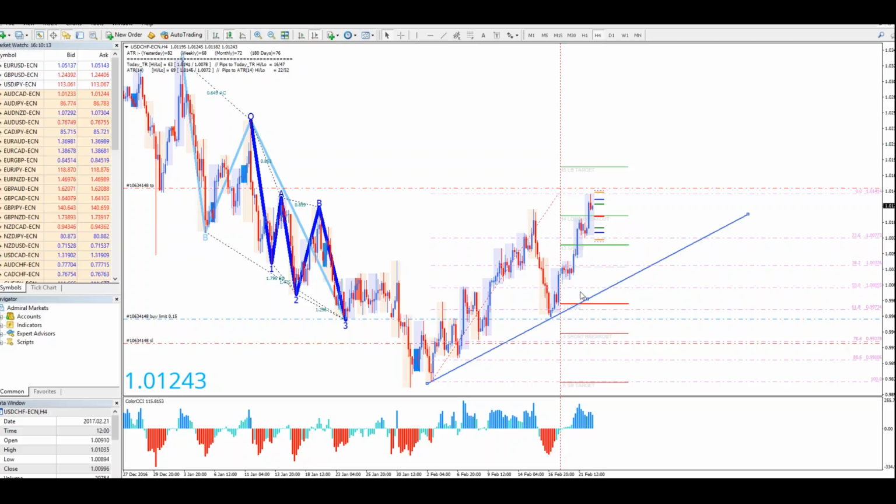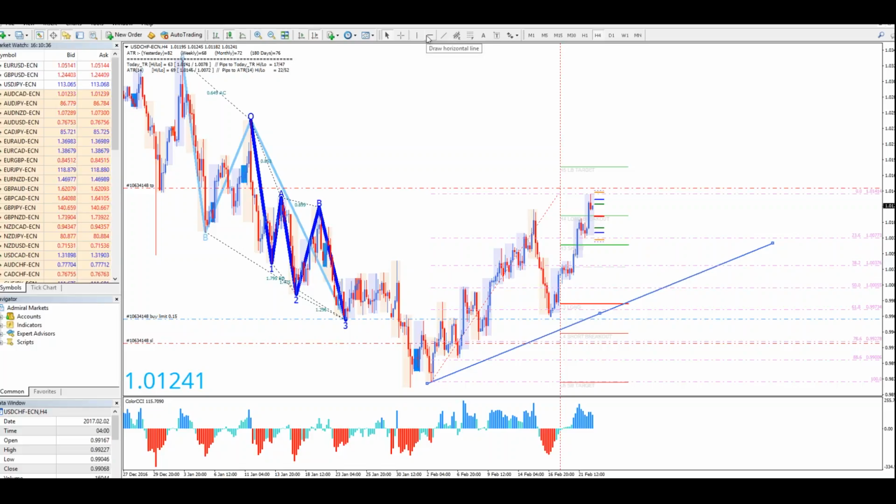Because if the pair drops there, we can extend this trend line here if it starts to reject. So if it goes there, we buy dollar Swissy, and if it starts to reject, we will still have a valid trend line. Plus guys, L3, 61.8 and order block.